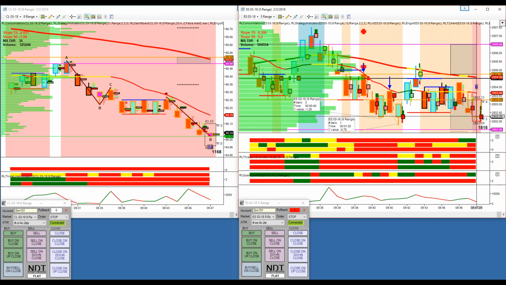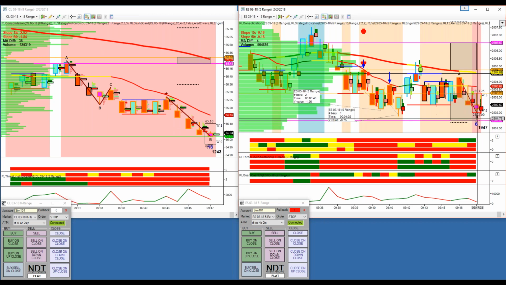Let's see if we can get a pullback here. The modified 15 just went red. Here's where we need the B candle.